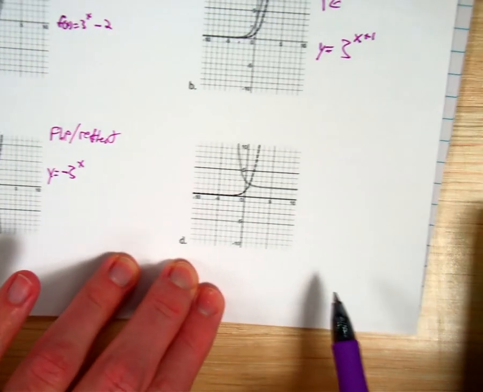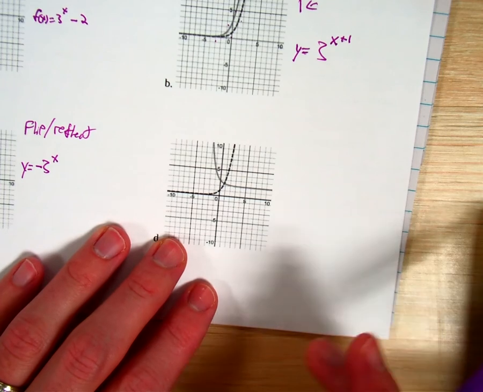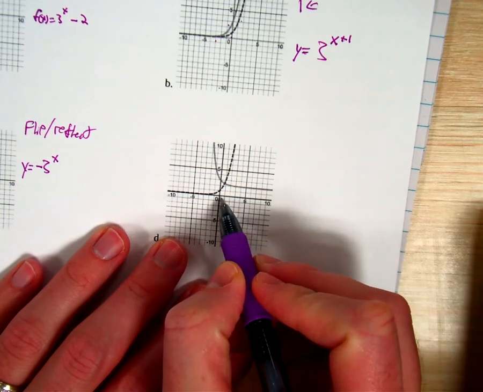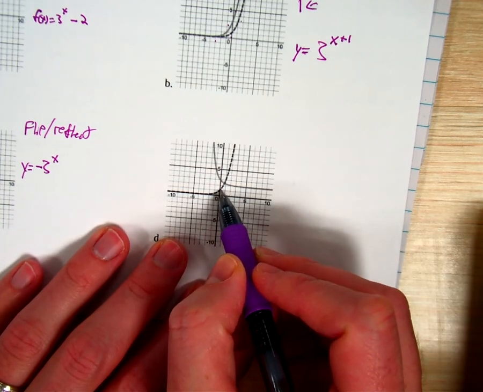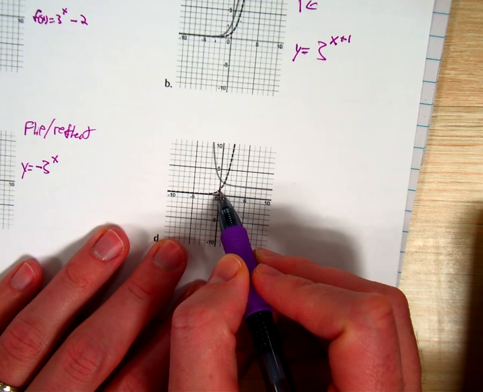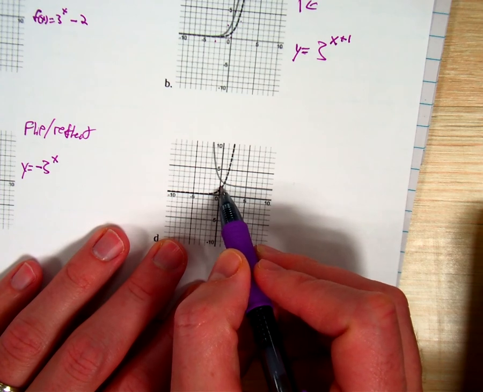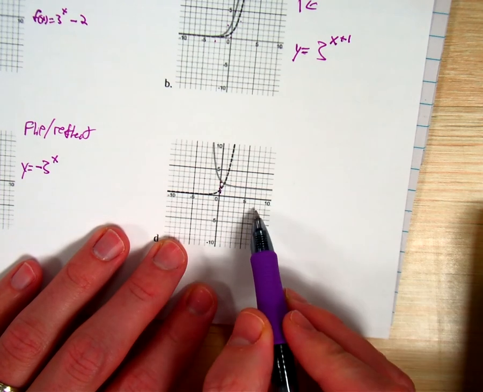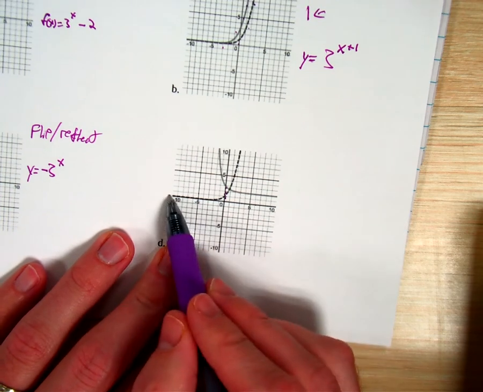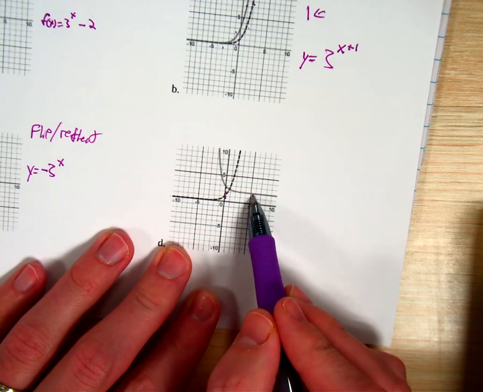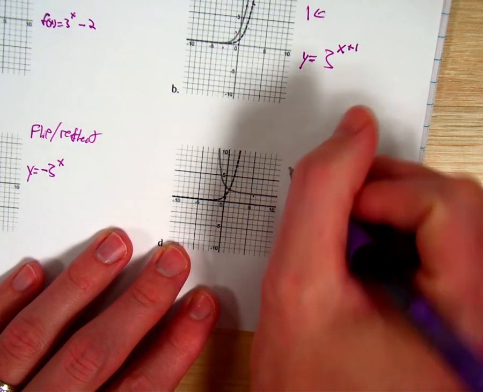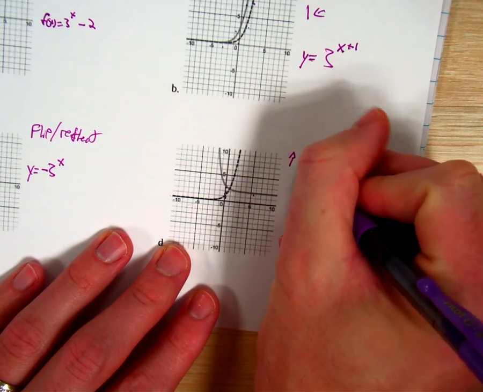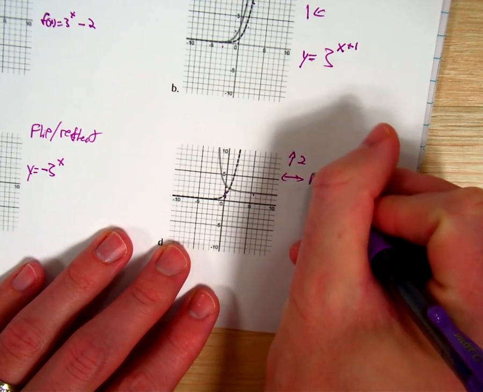Alright. And then this one, it looks like we are up 1, 2, up 3, up 2, here because they were flattened out at 0, and here we're flattened out at 2. So it's up 2. It's also flipped left to right.